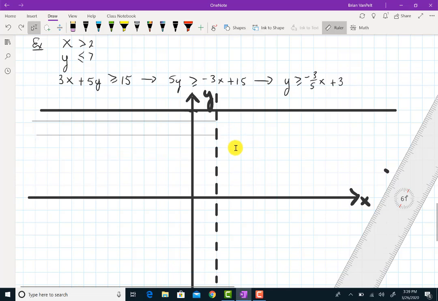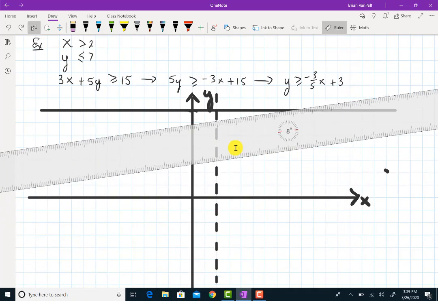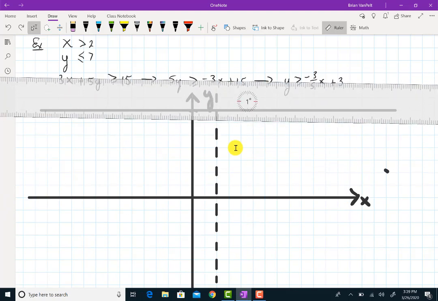So let me see if I can get rid of some of these lines here. I made a mistake. Let's bring this back. The region that I really wanted was to the right of that line. I don't know what made me think to the left. So let's go ahead and draw our lines from here.